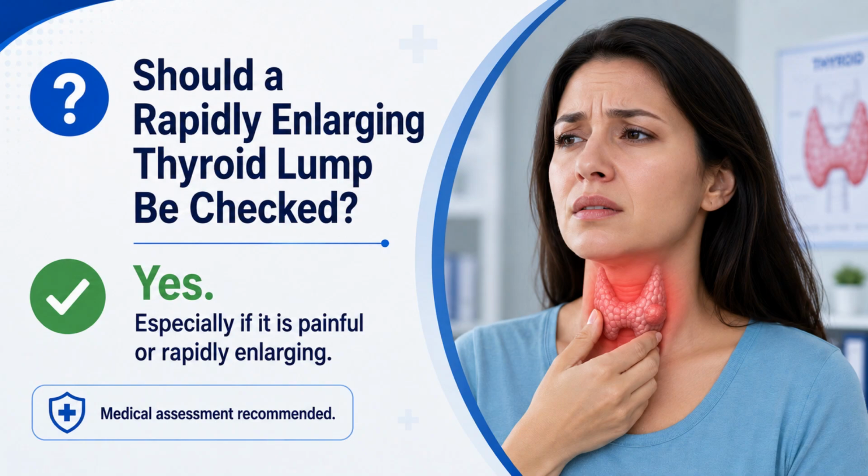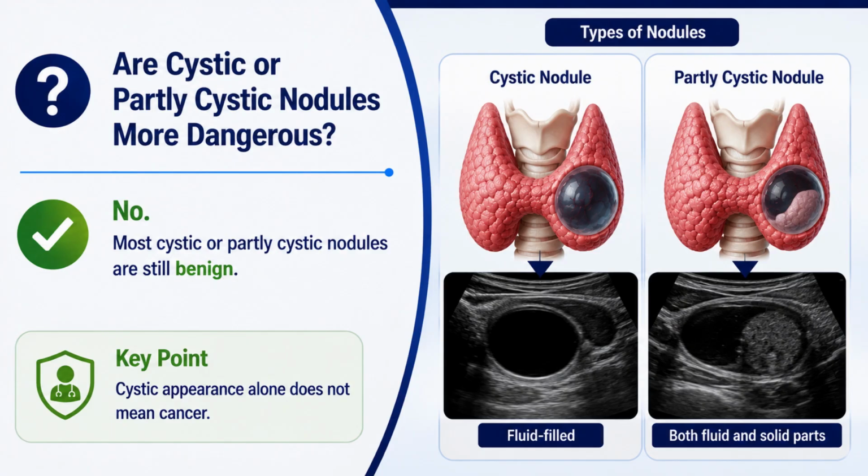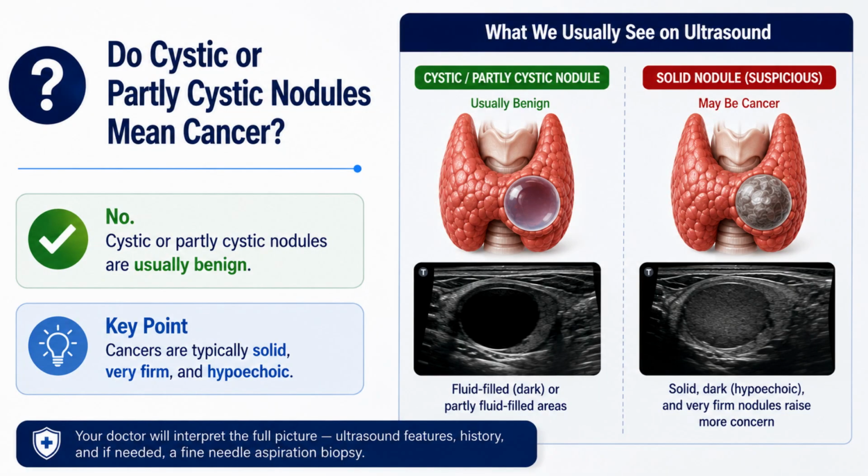These are called cystic thyroid nodules. Others contain both fluid and solid tissue. These are called partly cystic nodules, or solid and cystic thyroid nodules. Therefore, one answer to the question, what caused my thyroid nodule, may be that a previously solid, benign nodule gradually broke down, filled with fluid, or bled internally.